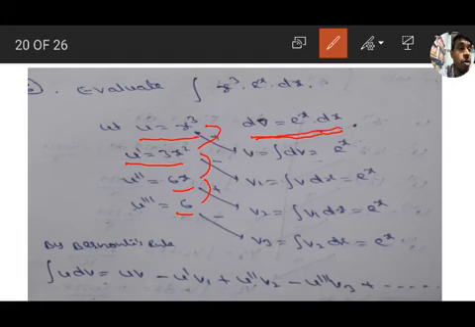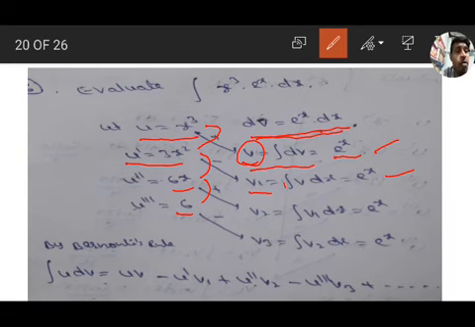Next, dv equal to e to the power of x, the integration of dv, that is v, is e to the power of x only. Next, v1 means integration of v, the integration of e to the power of x is again e to the power of x.